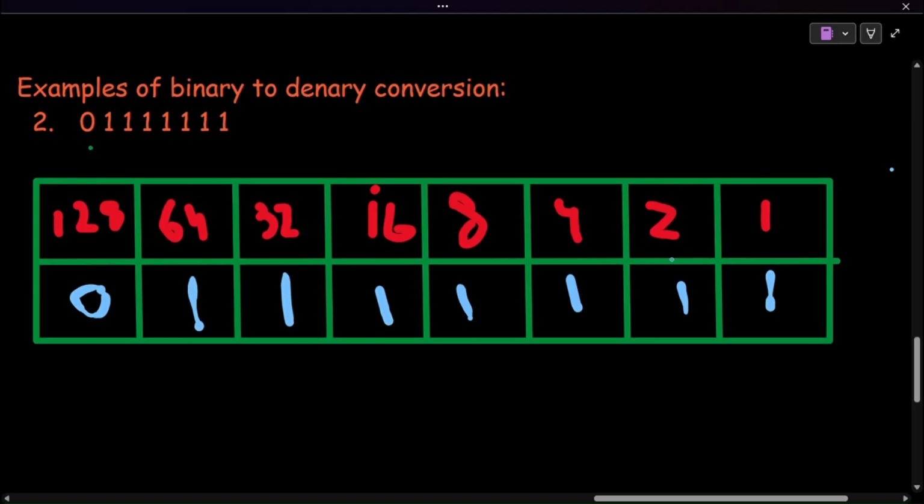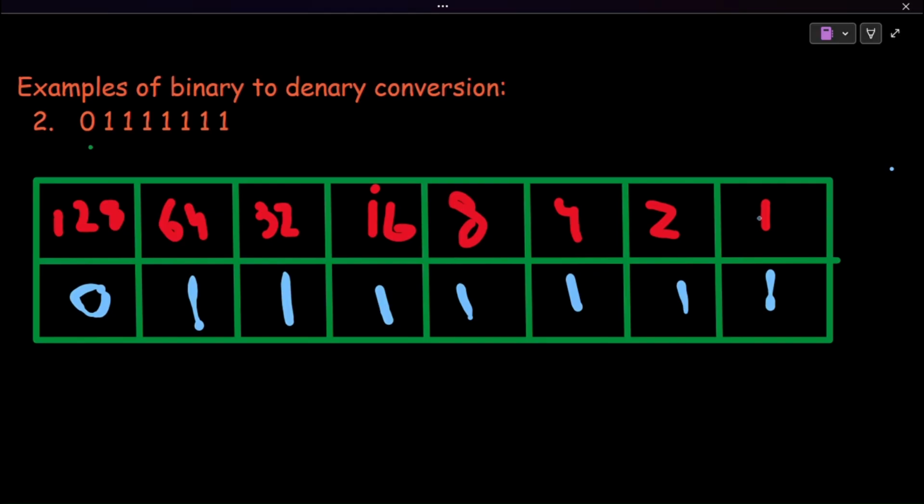Okay, the next step was to identify which numbers had 1 beneath it. Like this number has 1, this one, all have ones except this one. So now let's ignore this one because it has 0 underneath it, and mark the others.